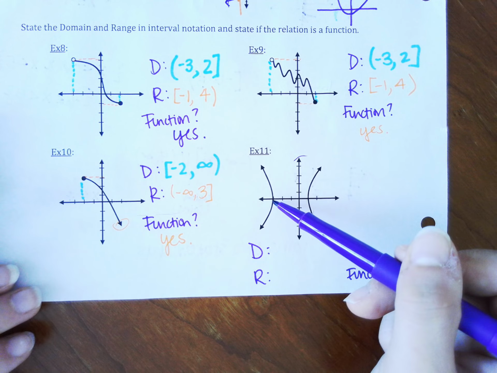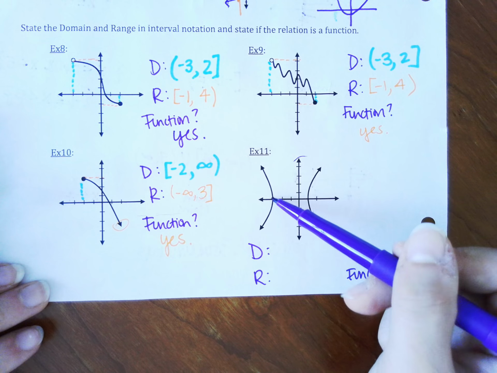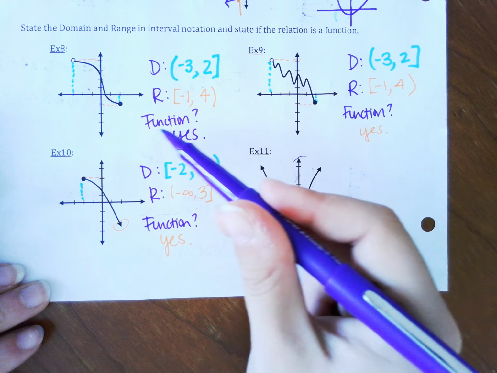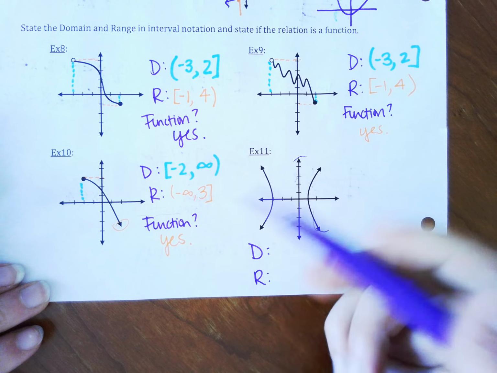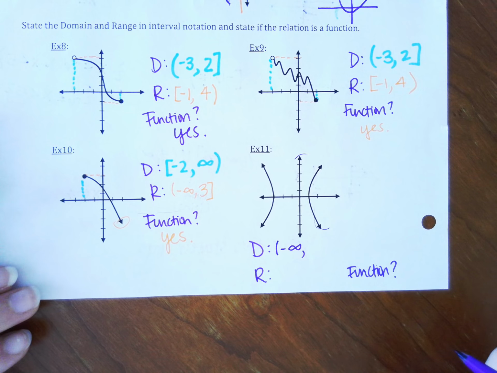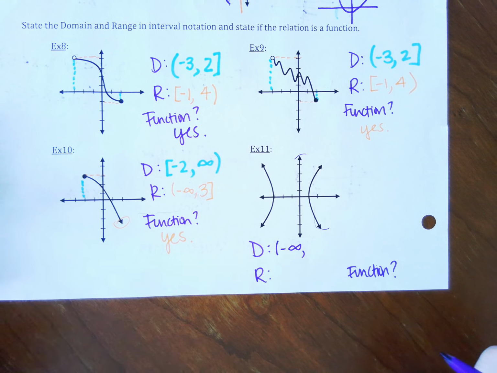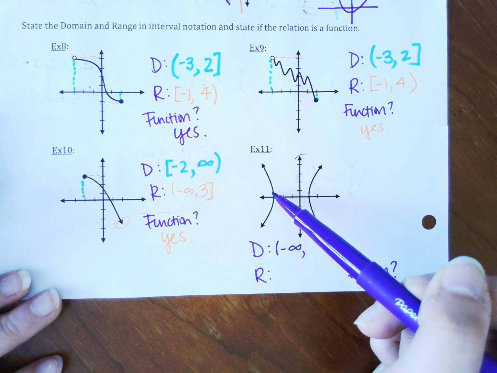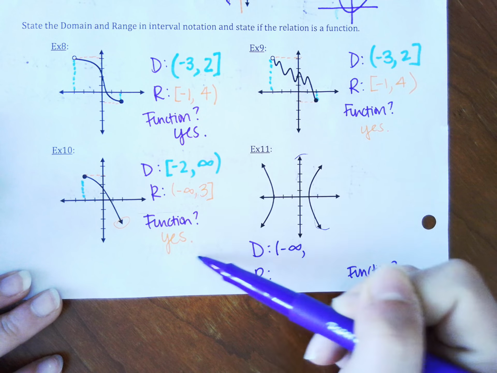If we're looking at our farthest left point, since this goes up and to the left, it's going to go on to the left forever. So we start at our endpoint of -infinity for our x values. We're following this graph down, we hit this point, and then we continue back to -infinity.